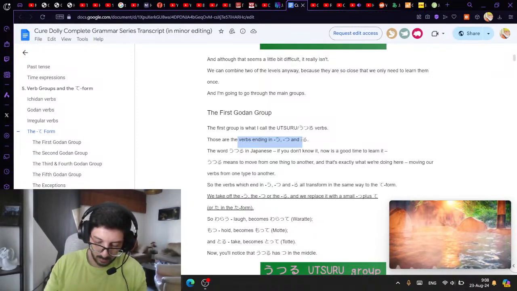Utsuru verbs are those ending with u, tsu, and ru.